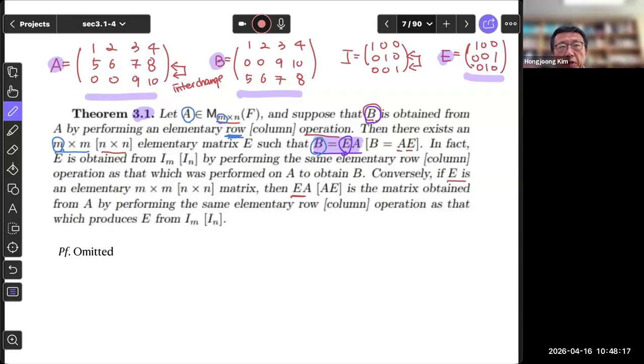So you can read the proof in the textbook, but the more important part is just to understand this concept. So please try some examples.